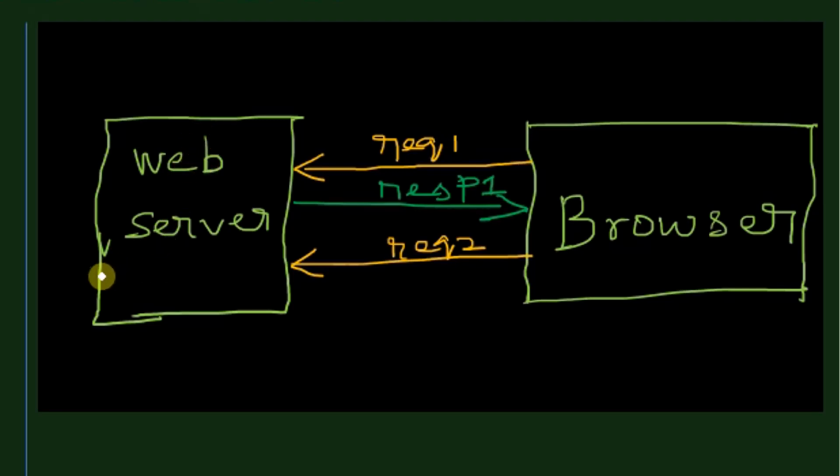It can be an IIS web server or a Wildfly web server. Whatever is the web server that receives the request from the browser, the browser is sending the first request here. Then the web server sees there is a need for storing some client information.